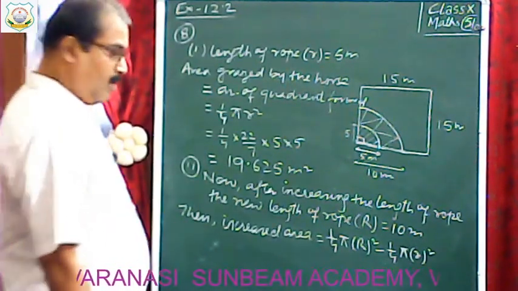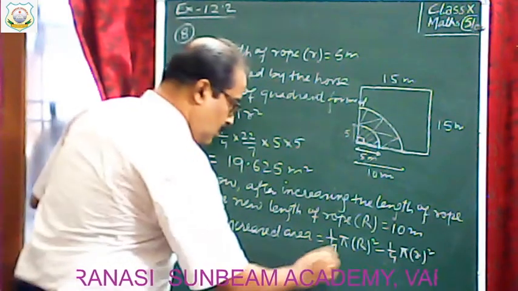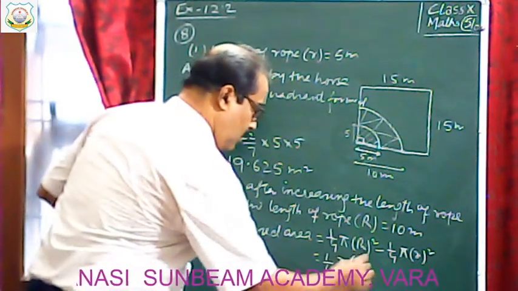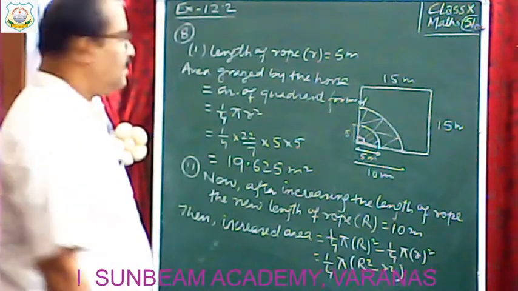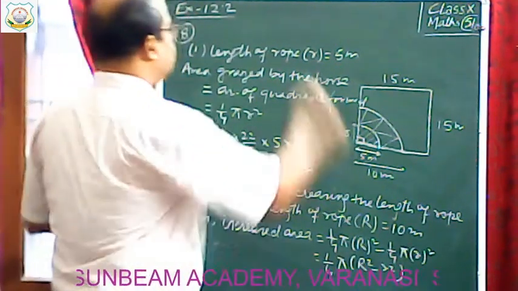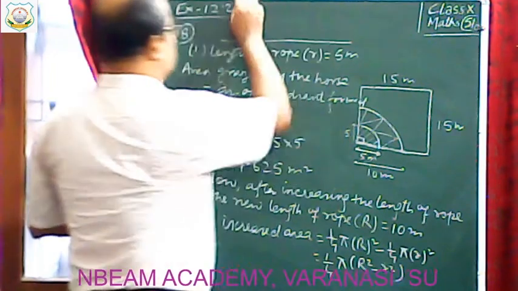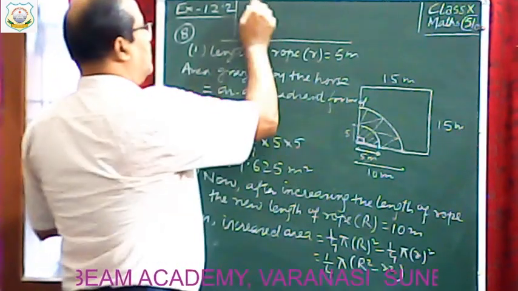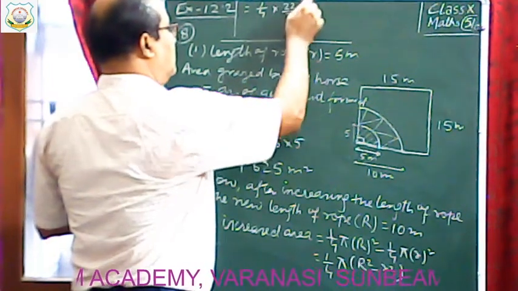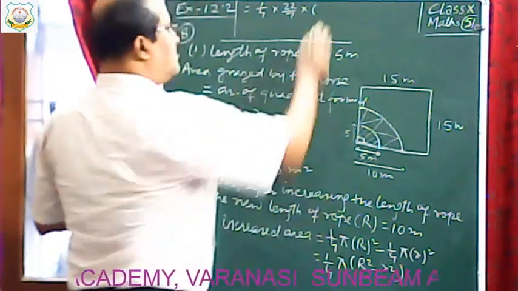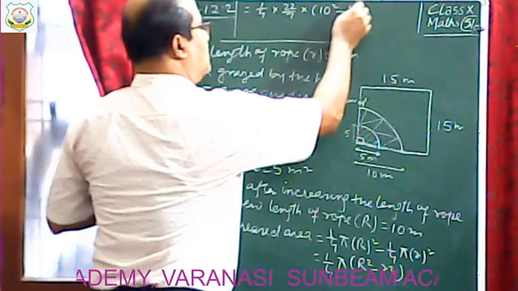Okay, take out common first. 1 by 4 pi, take out common, the capital R square minus small r square we get. Now calculate. 1 by 4 into 22 by 7 into 10 square minus 5 square.